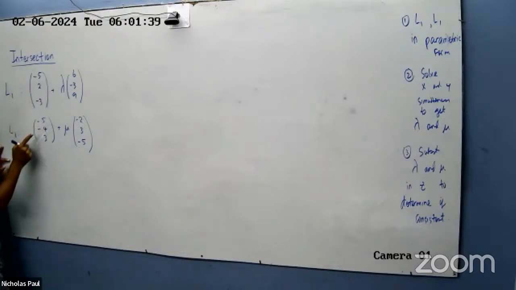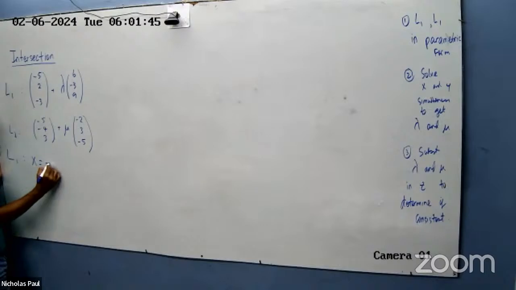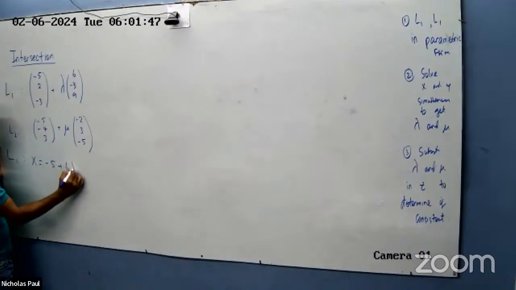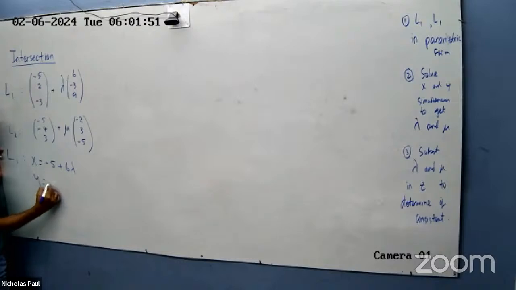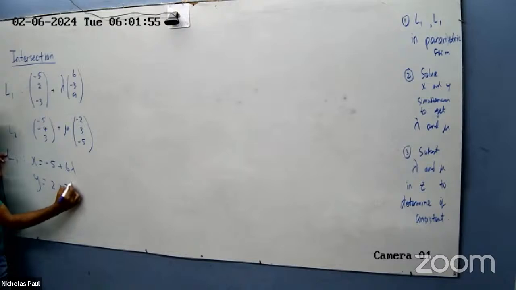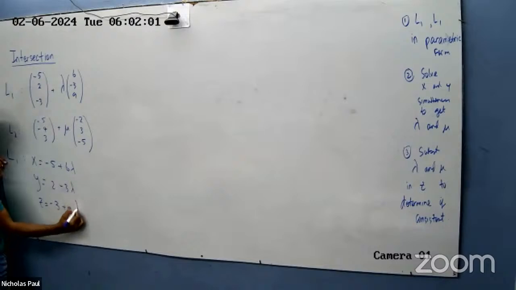So let's put it together, right? So let's start with L1. For L1, x is equal to minus 5 plus 6 lambda. Y is 2 minus 3 lambda. And z is minus 3 plus 9 lambda.